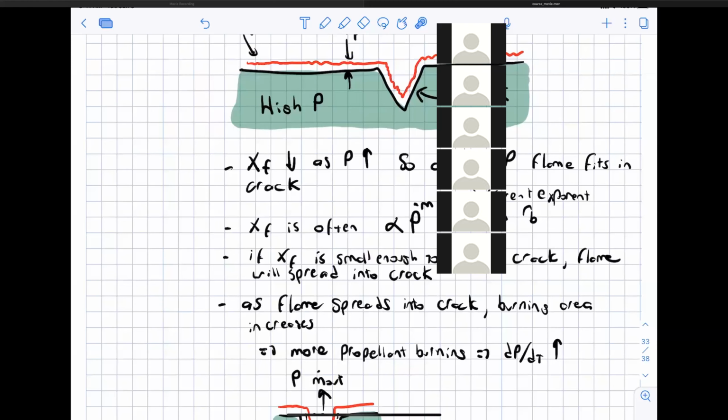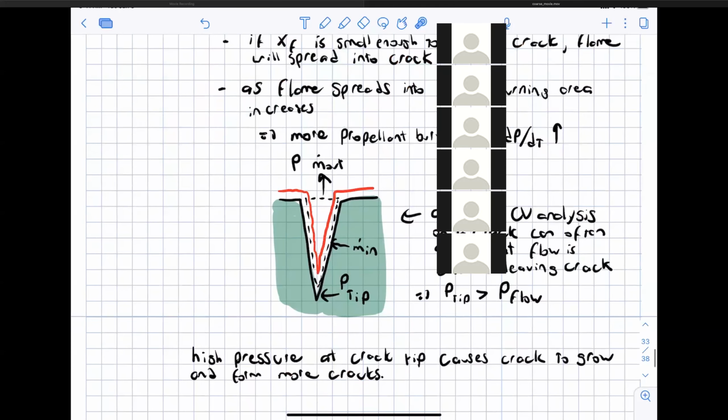But also, there are some really interesting dynamics that occur inside of the crack itself. So if we draw a control volume and look in detail at one crack, a steady mass balance requires that m dot in equals m dot out.